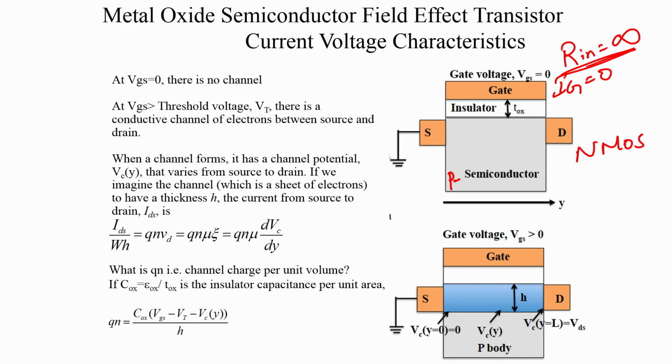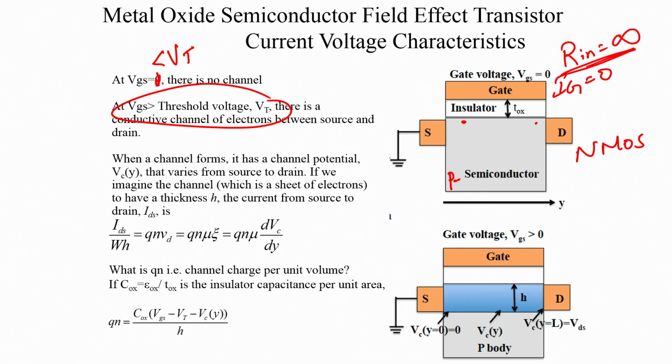When VGS is less than VT, there is no channel, technically, because it is all depleted. But once VGS becomes greater than the threshold voltage, you now have inversion and a channel forms. The channel is indicated in this picture as this blue region. That is the electron channel from source to drain.